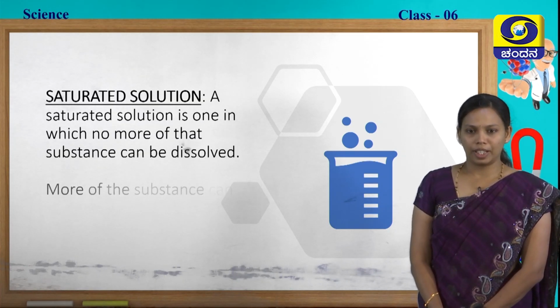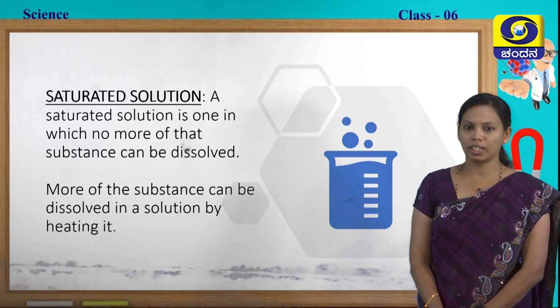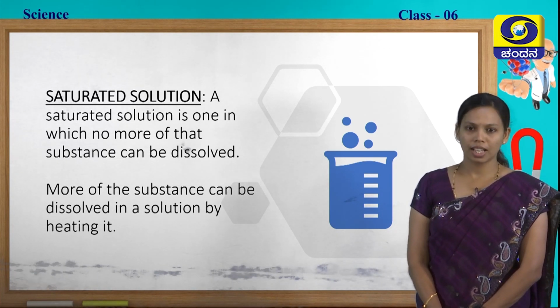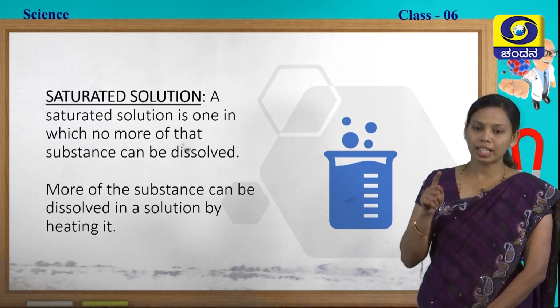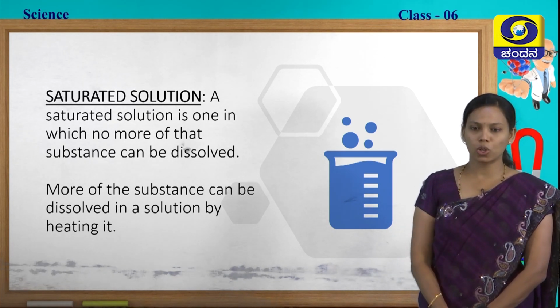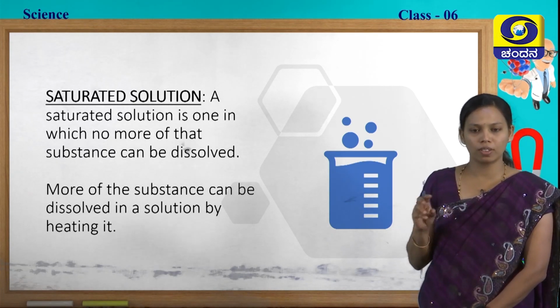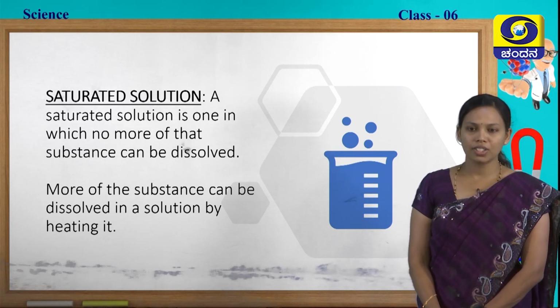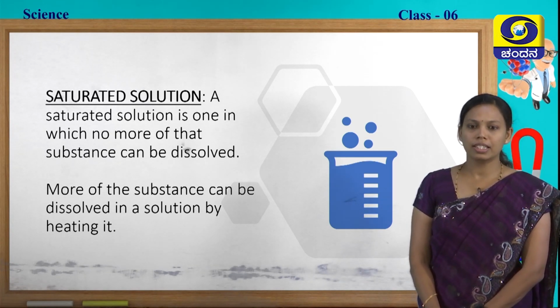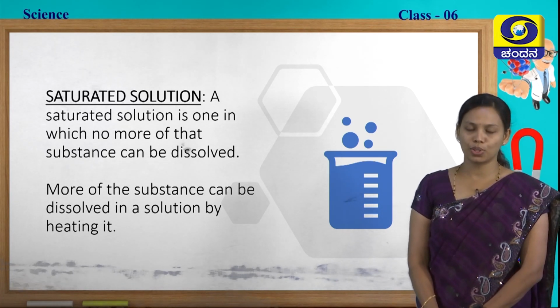After observing the video, I think you have understood the meaning of saturated solution. In the video, when first I added 1 spoon of salt into the beaker, what happens? The salt has been dissolved in the water. At that time, the water is not a saturated solution. In the sense, it is an unsaturated solution.